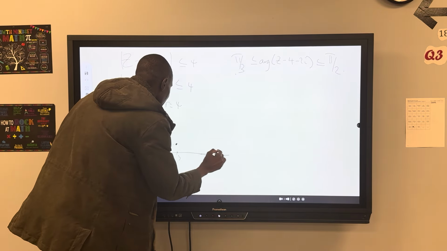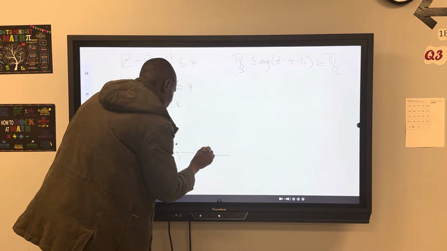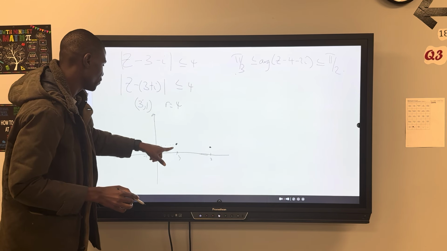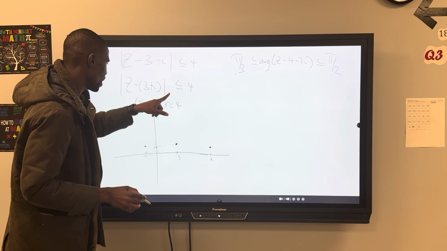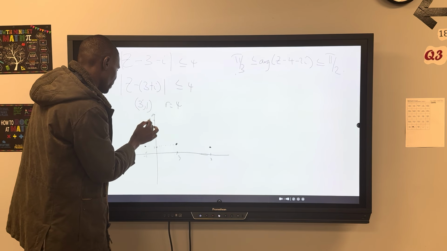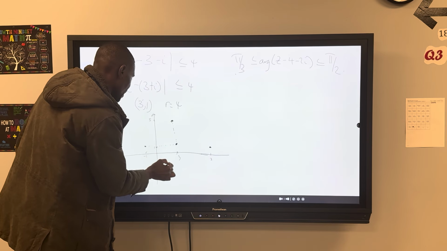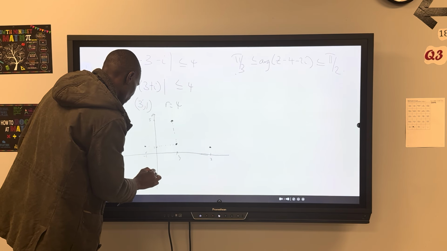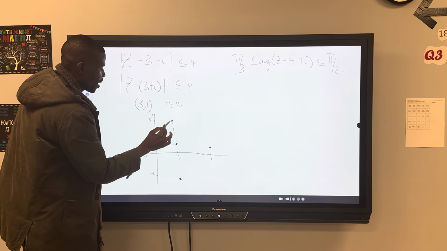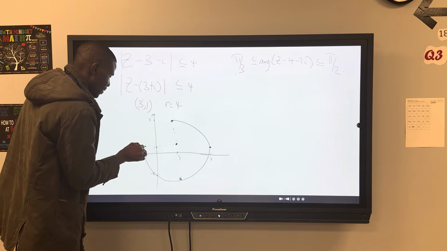Then again here there is a 7, so try to show some symmetry. Then if you move from 3, going up 4 units, this was 1 plus 4, so it was 5. So you can think of 5 here. Then here, you can think of -3 there, right? This will guide you to come up with your clear circle.